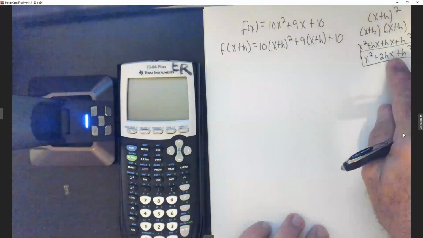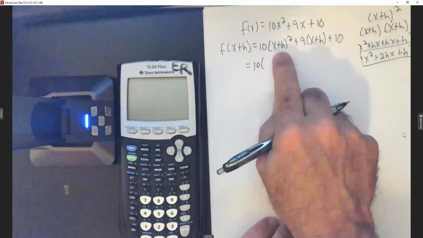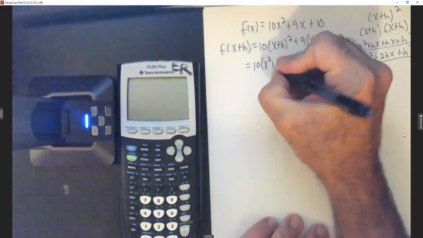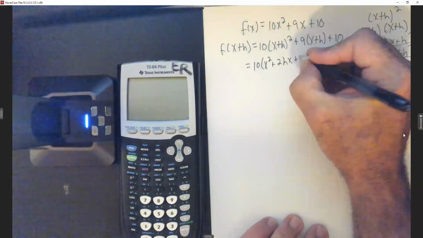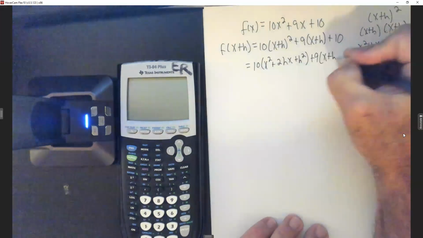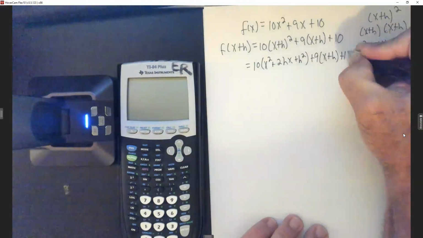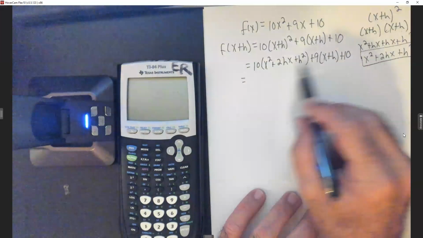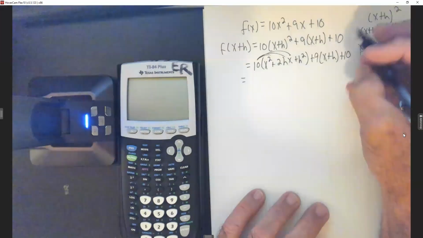So now, I'm going to replace the x plus h squared with this: x squared plus 2hx plus h squared. I'll bring everything else down. So finally, I'm now going to get rid of parentheses by distributing a 10 here and a 9 here.